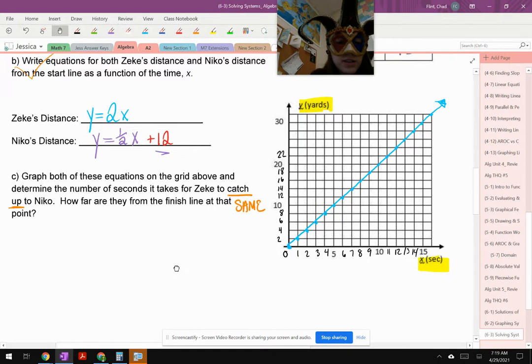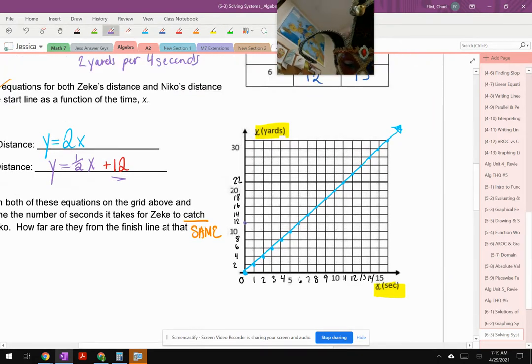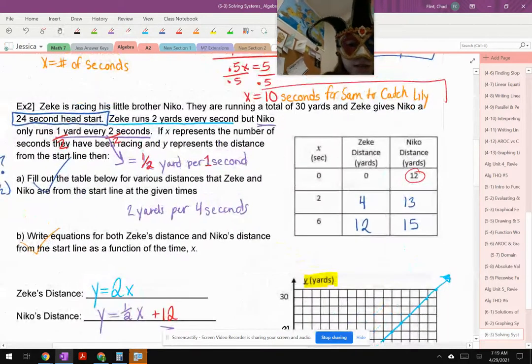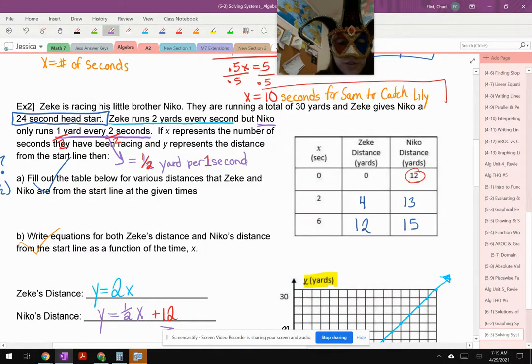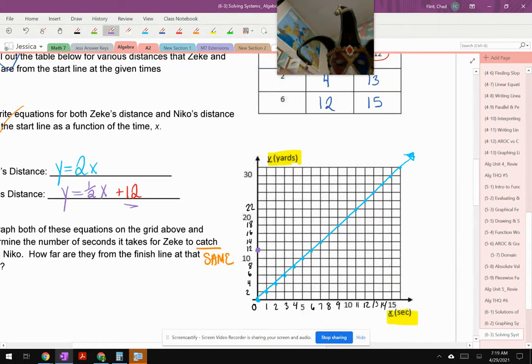All right, so now let's take a look at Nico. Nico is not starting at the origin. Nico's starting at 12 yards because of his head start. And Nico, we know, was going 1 yard every 2 seconds. So 1 yard is going to be really hard to put on my graph here, but I could go 1 yard, which would be half a block, and then over 2.